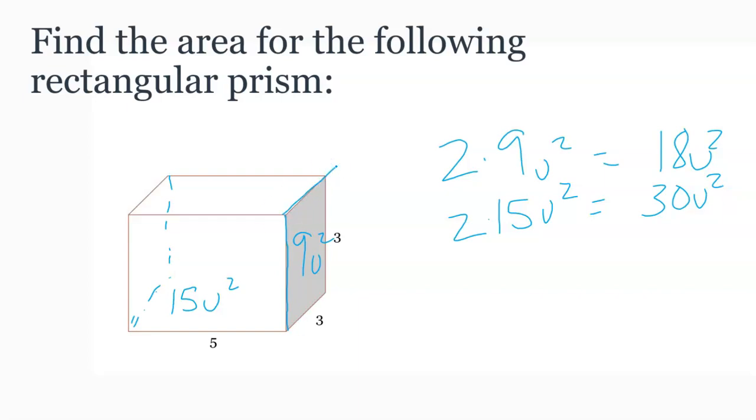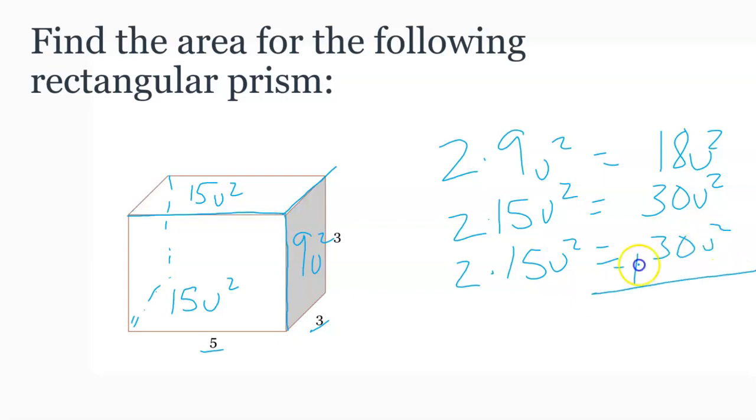So that's got to be 3 because it's 3 down here. This has to be 5 because it's 5 down here. So this is the same side as the front and the back. 3 times 5, 15 units squared. 2 times 15 is 30 units squared.